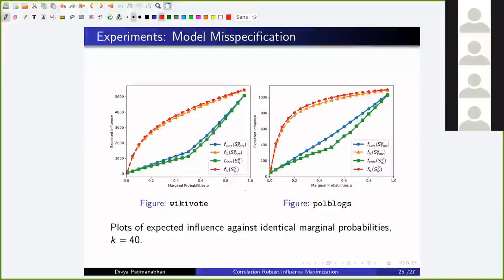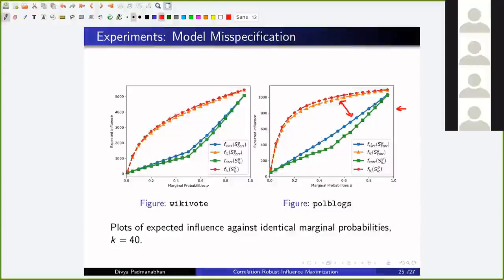Now, further on model misspecification, there's this plot showing how, across probabilities, if you change the values of the probabilities, what do we observe about the misspecification? If you look at this plot for the PollBlogs data, look at the orange and the blue, these two.